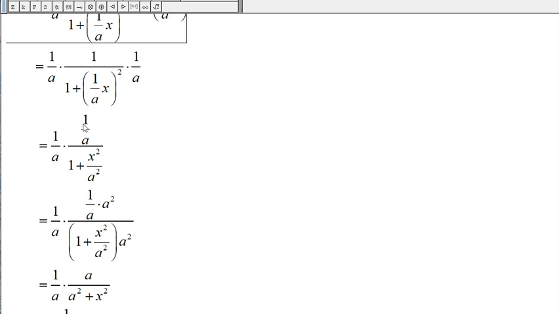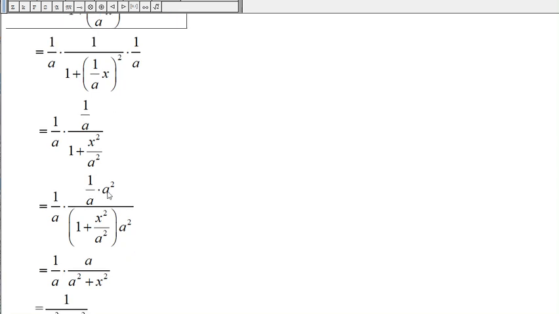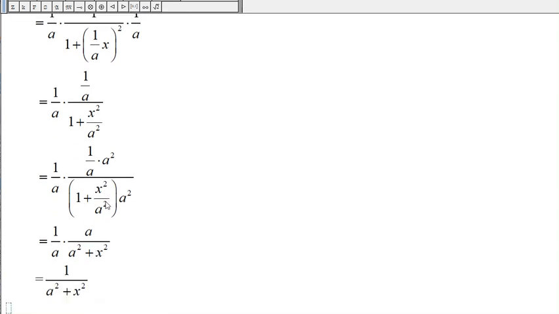So multiply the top here by a squared, multiply the bottom here by a squared. 1 over a times a squared would be just a. 1 times a squared is a squared. x squared over a squared times a squared is x squared.